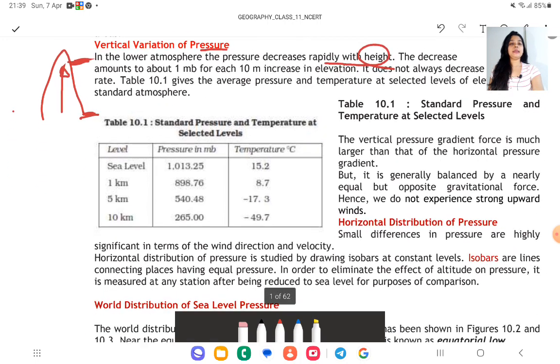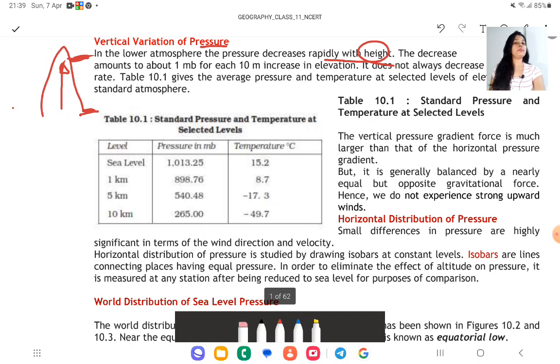Let's see, there is another important point. The vertical pressure gradient force is much larger than the horizontal pressure gradient force. But still we see that we don't feel any upward movement of the air.